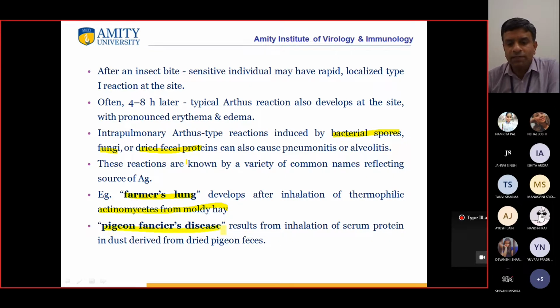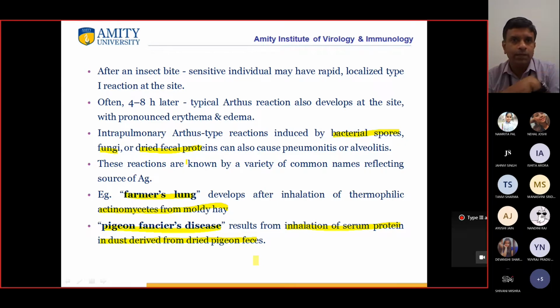There is another disease which is called pigeon fancier's disease. It happens because of inhalation of serum proteins in the dust derived from dried pigeon feces. So just imagine a situation where on the window of your room there is pigeon feces.